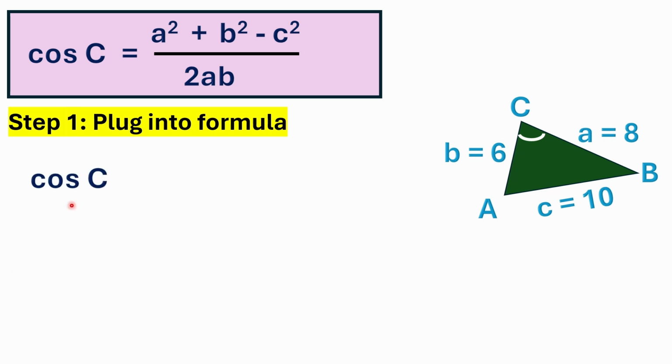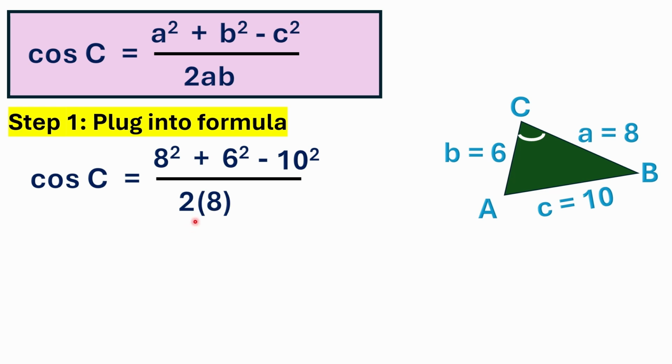So since angle C is unknown, we rewrite cosine C equals 8 squared, plus 6 squared, minus 10 squared, all over 2 times 8 times 6.